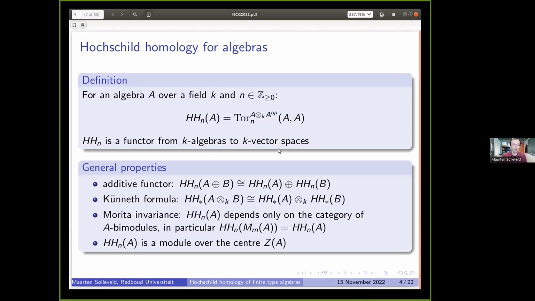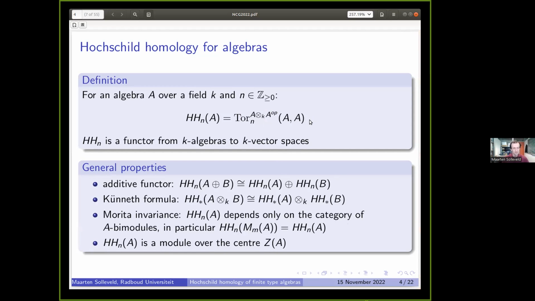And if you do it in terms of the definition as a Tor functor, Morita invariance is kind of obvious because the category of bimodules doesn't change by replacing A with n times n matrices over A. And further, if you take torsion functors of some modules, then usually you lose the module structure, so it's not a module over A anymore.